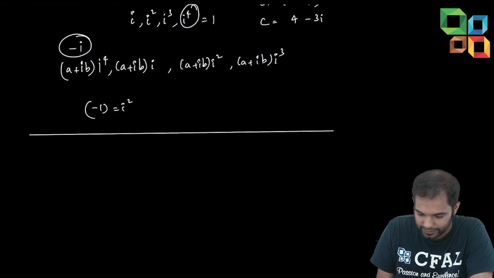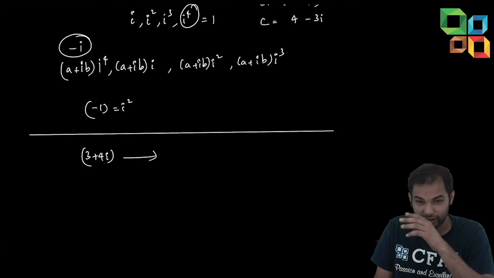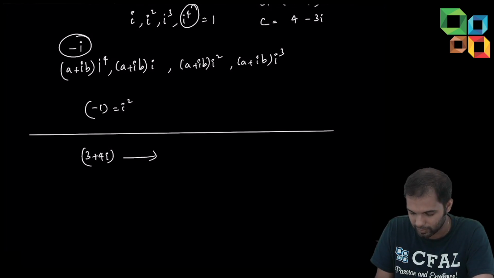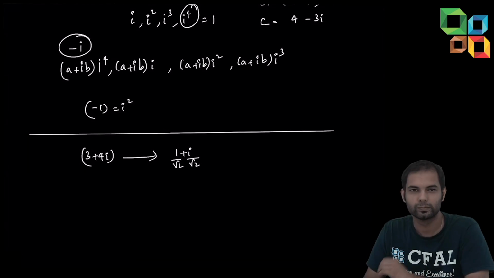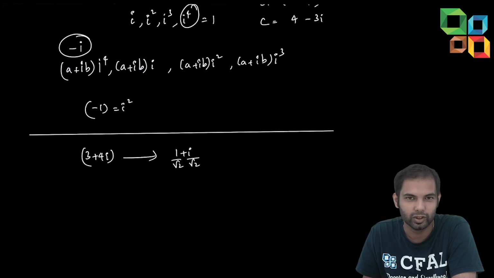See, 3 plus 4i. Try to multiply this number, instead of i now, with this number, say 1 plus i. Try multiplying with this number and see what you're getting.